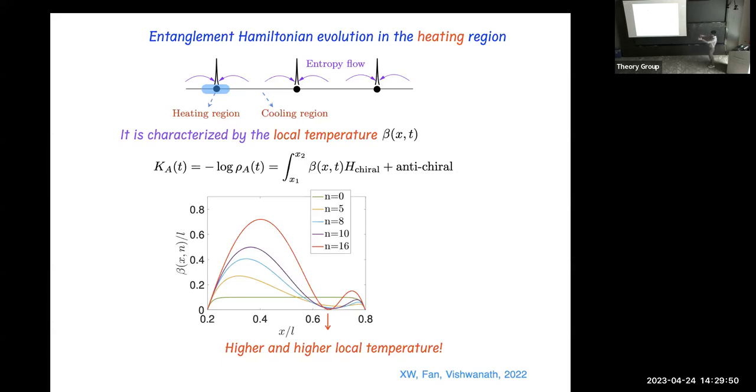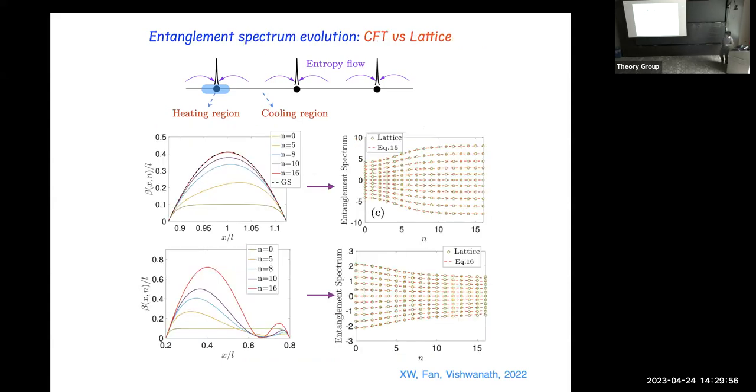Okay, this is simply the conformal field theory result. We want to compare it with the lattice model calculation. But in the lattice model calculation, it's very hard to calculate the entanglement Hamiltonian directly because you need really high precision of your computer. So here we compare the entanglement spectrum, which is the spectrum of the entanglement Hamiltonian.